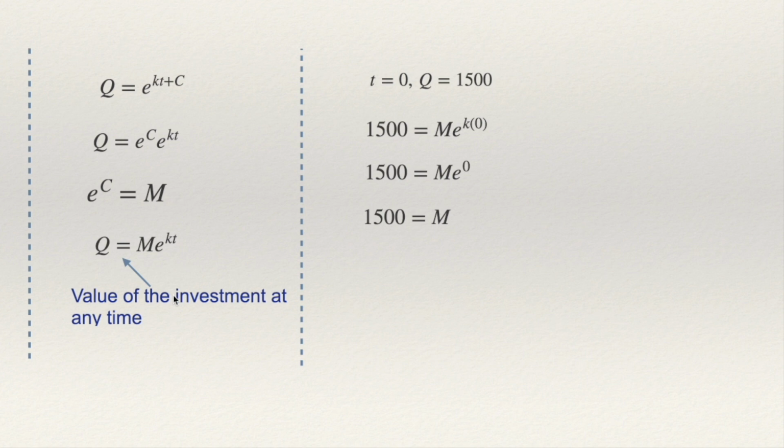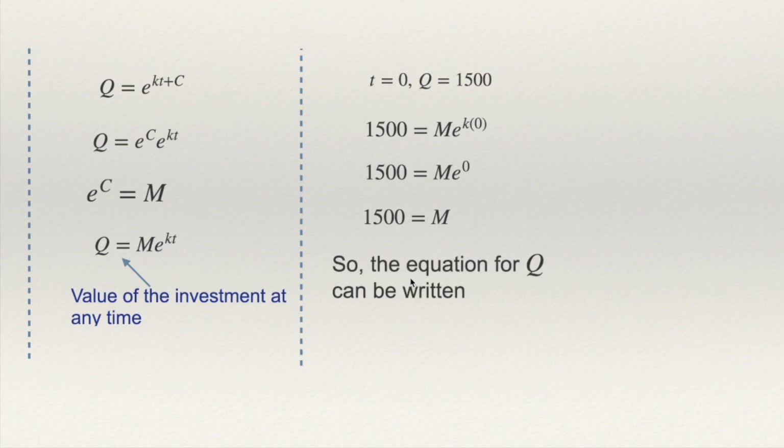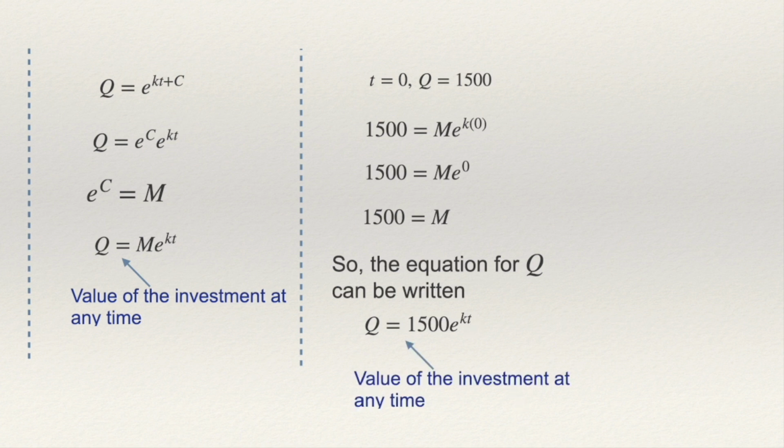So the value of the investment at any time will be q equals m e to the power kt, and this m is 1500. So we know now that the equation for q can be written q equals 1500 e to the power kt. This is the value of the investment at any time.